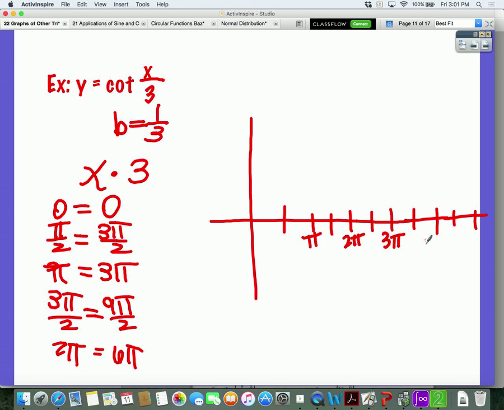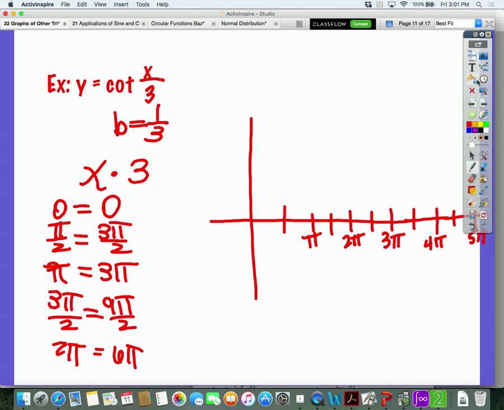Where are your asymptotes on tangent? They're going to be at 3 pi over 2. Sure? Cosine? It'll be on 0 and pi.